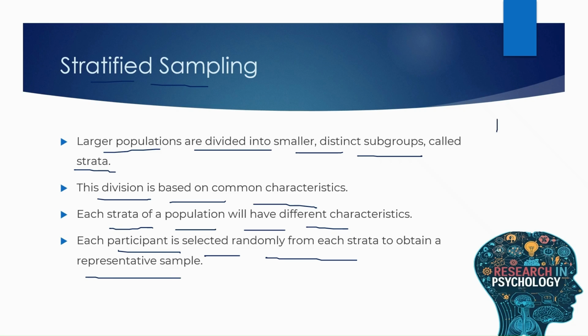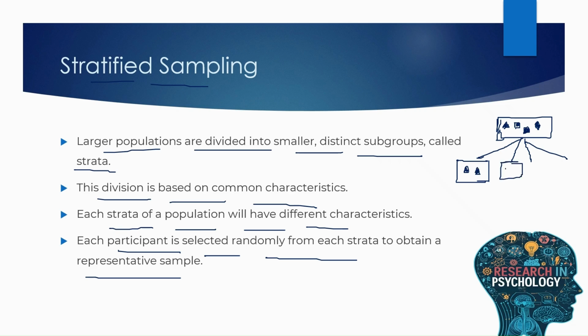Which means I have a big sample. Let's say I have triangles, squares, circles, and diamonds. What I'm going to do is divide my sample into 4 units based on common characteristics, which means I will put all triangles here.